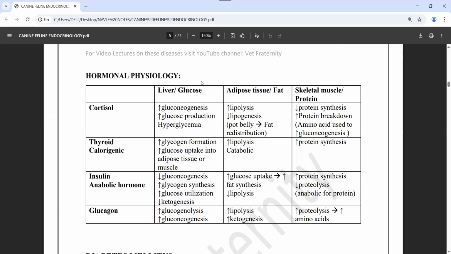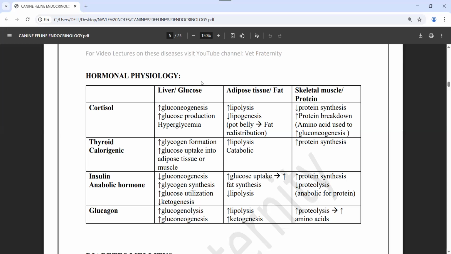If you see the cortisol, it acts on the liver and starts gluconeogenesis, that is the production of glucose. So hyperglycemia will happen with this. As far as its effects on adipose tissue, it will cause lipolysis, that is breakdown of lipid, and it will decrease lipogenesis, that is reduced production of lipid in the body.